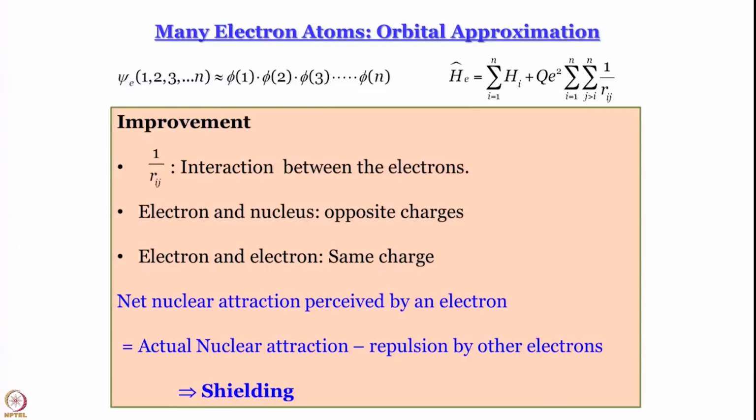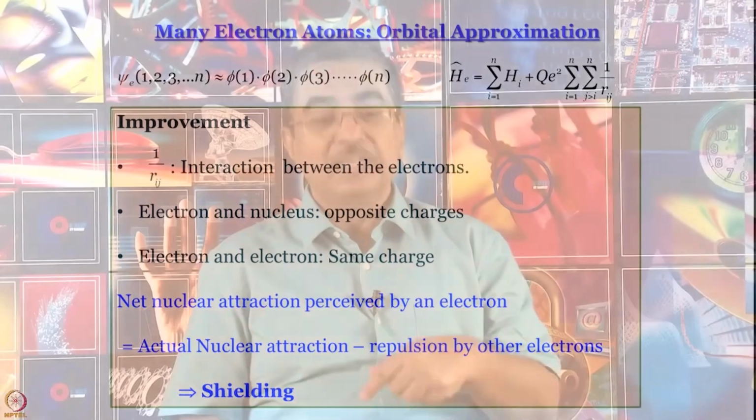Suppose the nuclear charge is +3, due to the presence of electron number 1, electron number 2 does not feel +3, it feels a nuclear charge of say +2 or less or more, whatever. But each electron acts as sort of an electrostatic shield or screen for the other one. Please remember, for the other one. An electron does not shield itself from the nucleus, it shields the other ones.